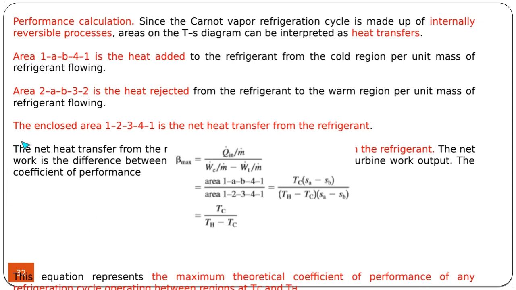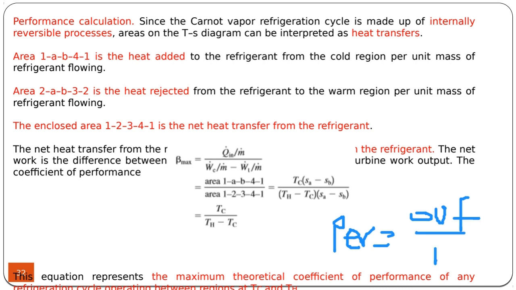In the case of refrigeration cycles, we do not use the concept of efficiency, because efficiency is always less than 1. On the other hand, in the performance calculation of refrigeration systems, the performance may be greater than 1, because the performance is always calculated as output divided by input.